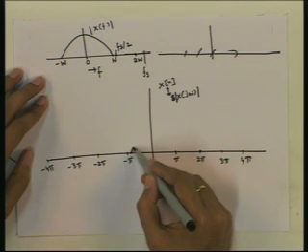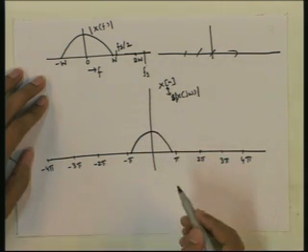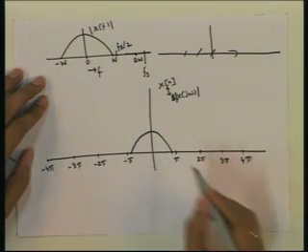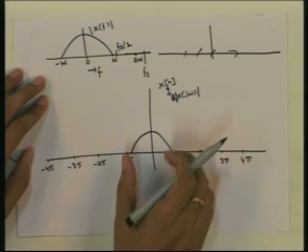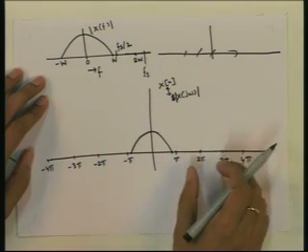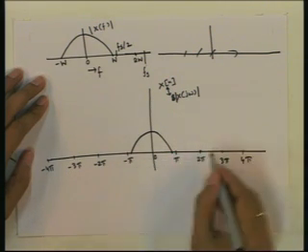So, it will be like this. W frequency will be mapped to somewhere here, and then this same thing will repeat after shifting by multiples of 2 pi. So, this 0 will be shifted to 2 pi.